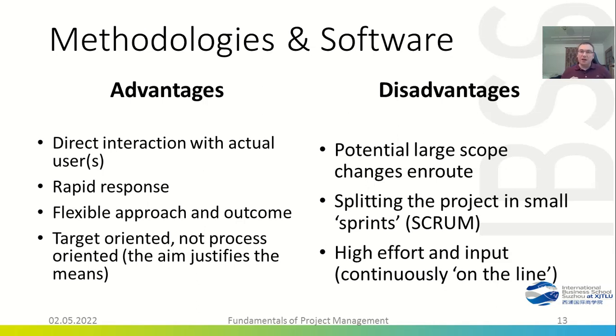This allows a swift response to requests, but at the same time enables a very close collaboration with the end user. So we are moving away with this interaction with the user from a process-oriented project towards a target-oriented project.